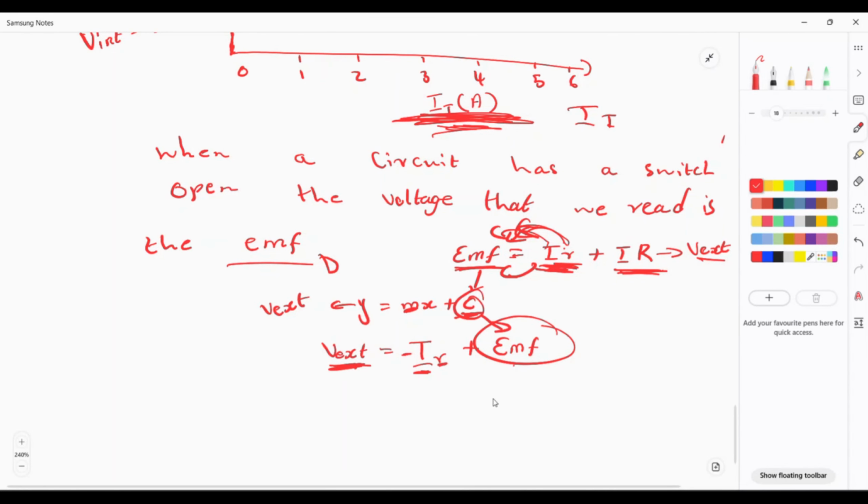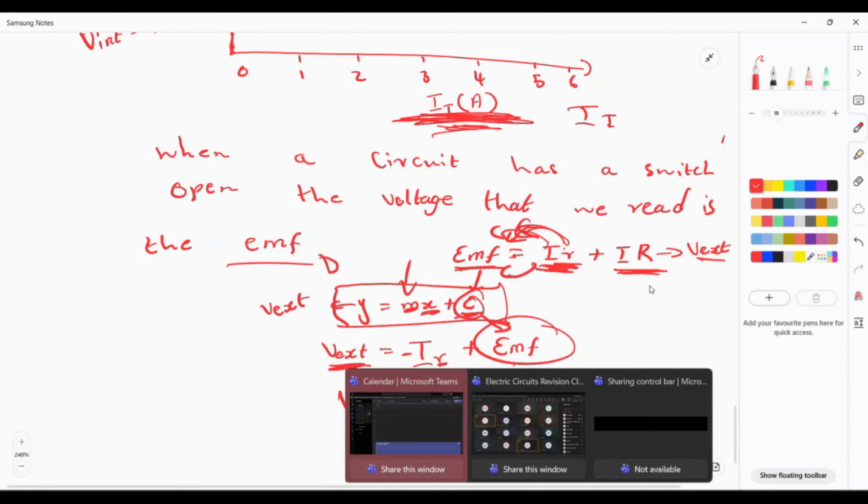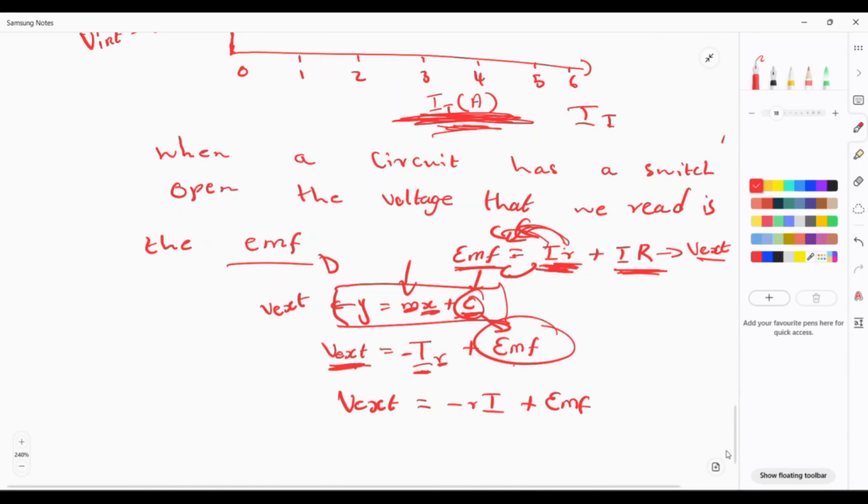So that's your equation. If you want, you can write it like this: V external is equal to negative R I plus the EMF. You are still very much correct, because you will be obeying the straight line equation formula, which says gradient first and then x after. So whatever calculation you do with the graphs, you're going to work using that formula.